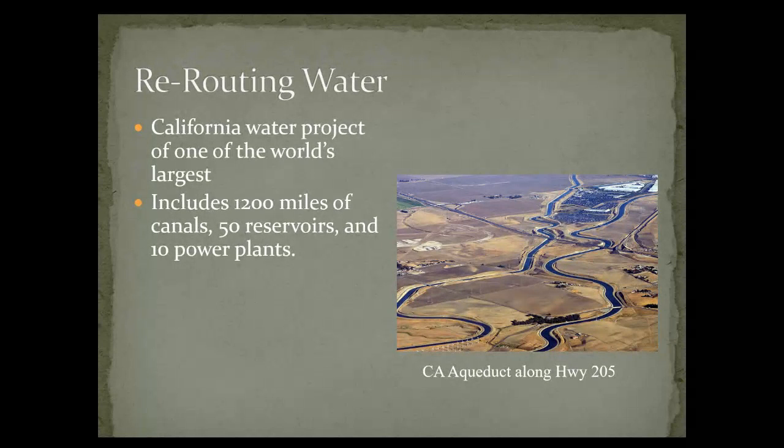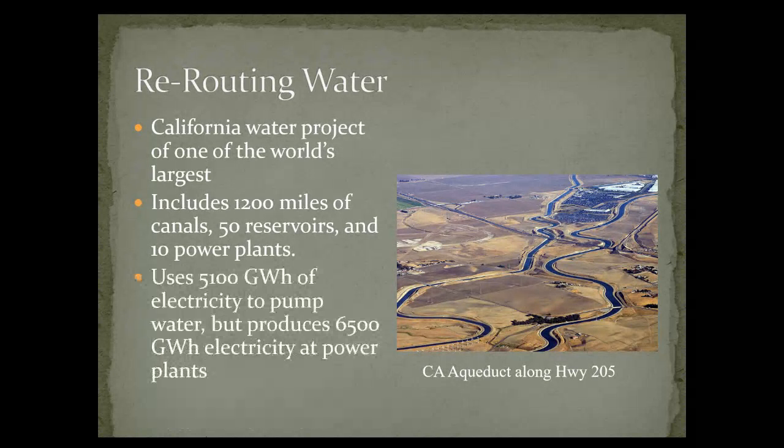If you've ever driven down I-5 to LA and you go over the Tehachapi Mountains, there is a huge pumping station there to get water to LA. So it uses a huge amount of electricity, but overall, it generates more electricity than it uses.